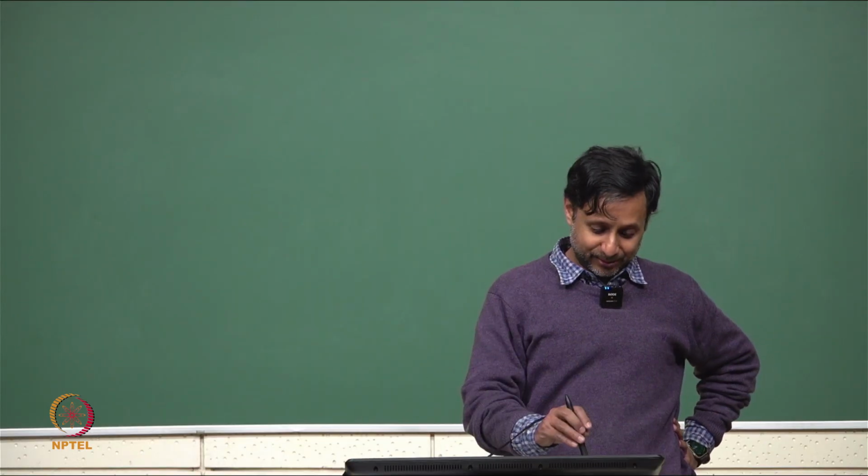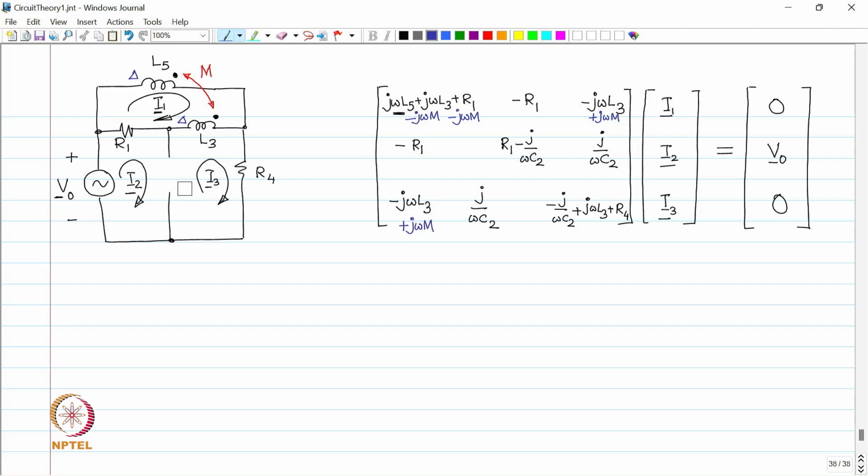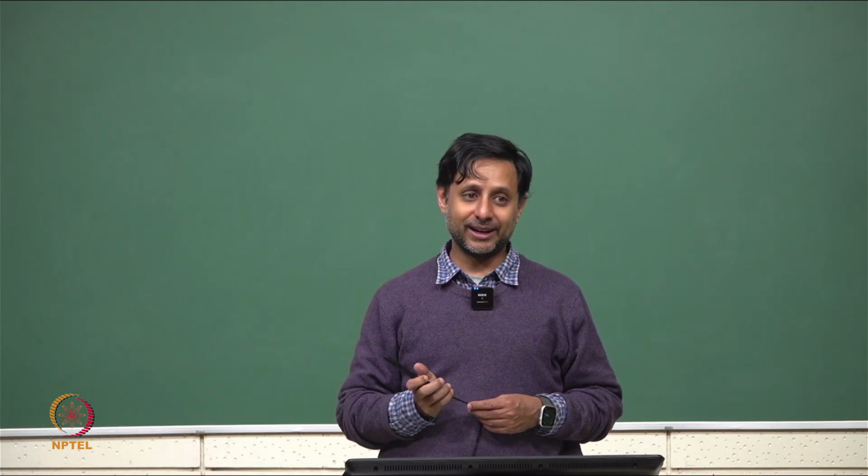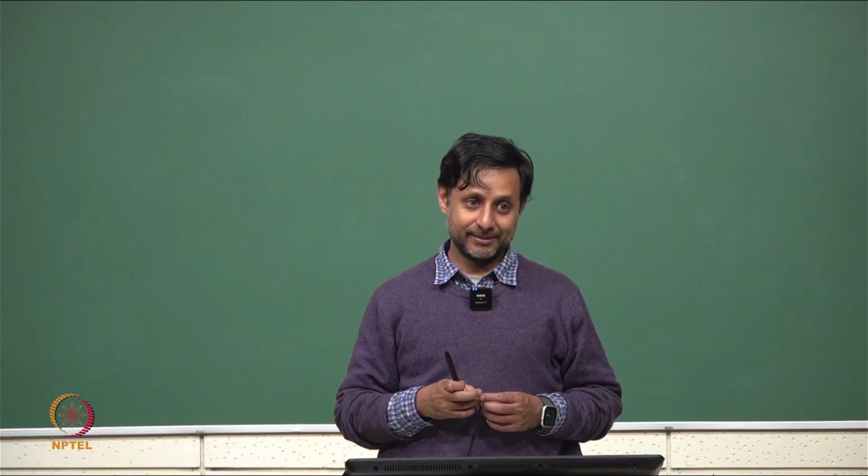So, for example, we could potentially have another one over here. Let us not change this one, this is nice. You could replace that one with another inductor wound on the same core, and now there are 3 that are coupled with each other. You will have M12 between 1 and 2, you can have M23 between 2 and 3, and you can have M13 between 1 and 3. Okay.